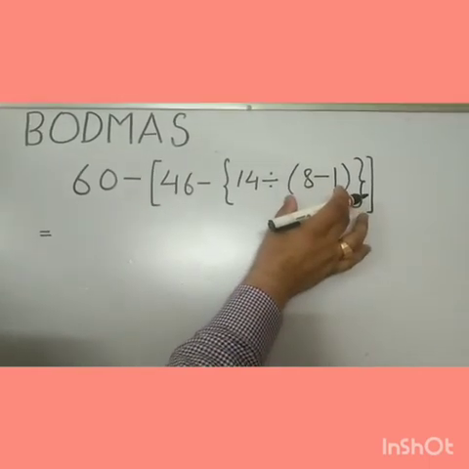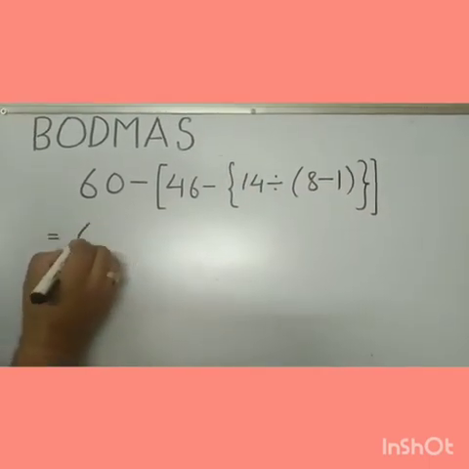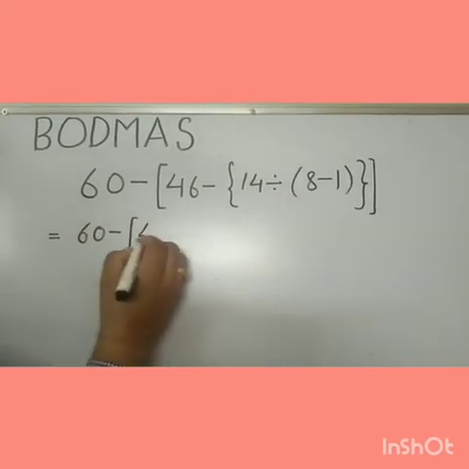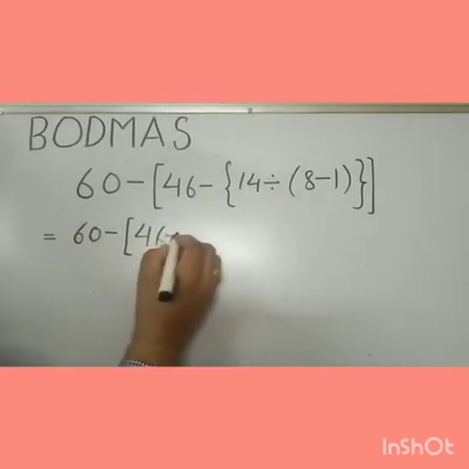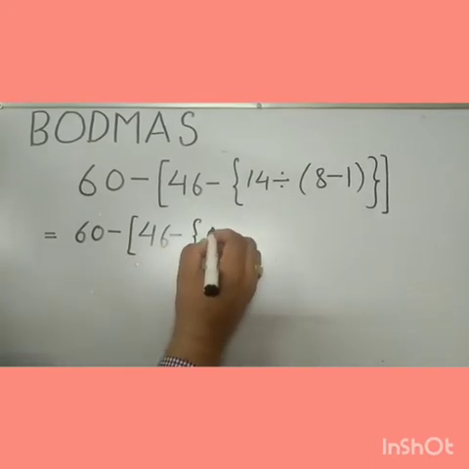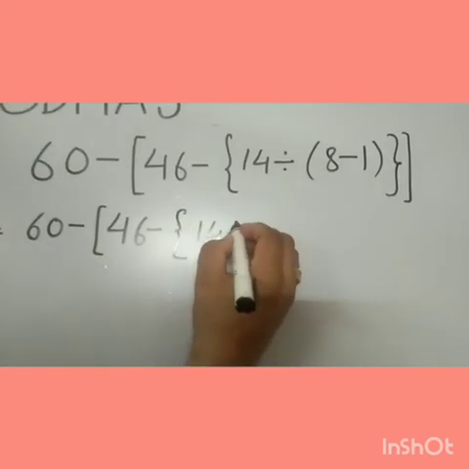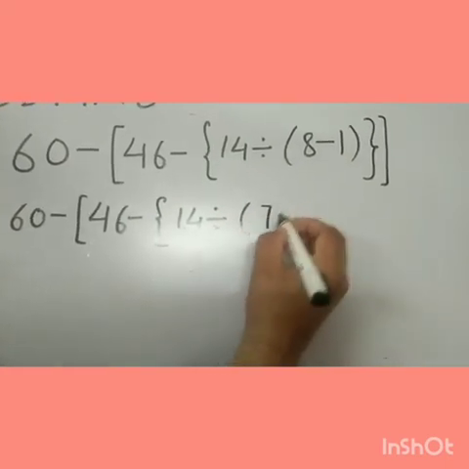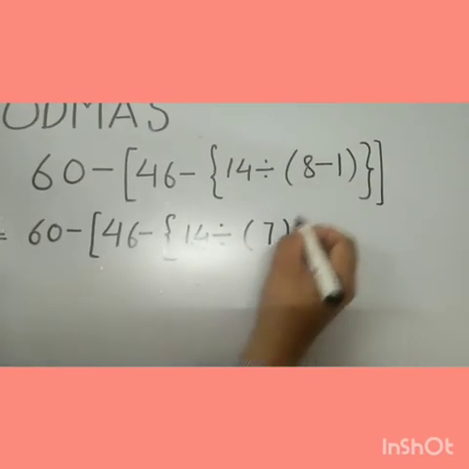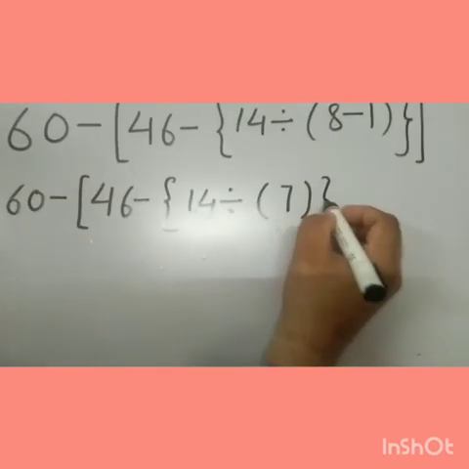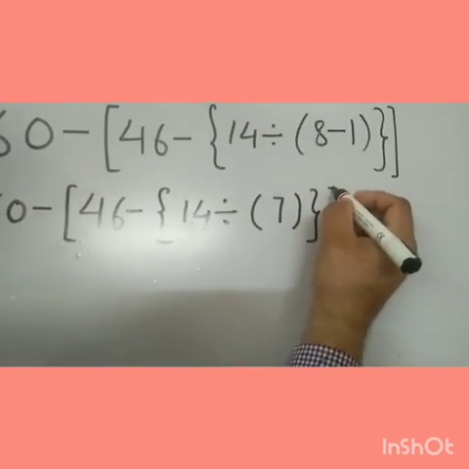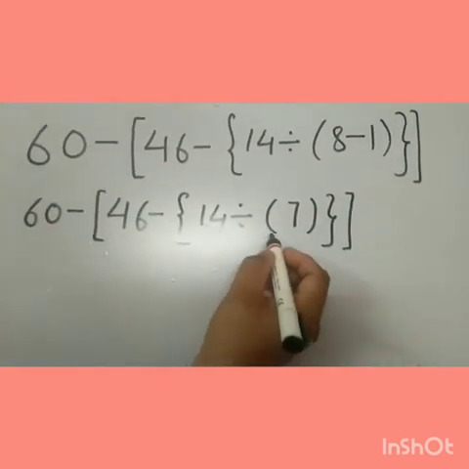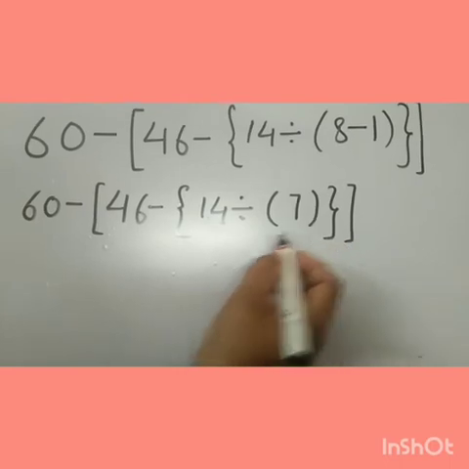First of all, round bracket. 60 minus 46 minus curly bracket 14 divided by, the answer of this round bracket is 7. 8 minus 1, 7. Round bracket close, curly bracket close, big bracket close. In next step, remove this round bracket.